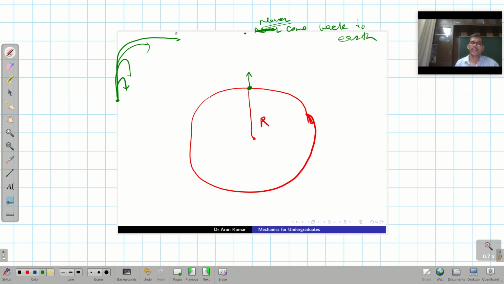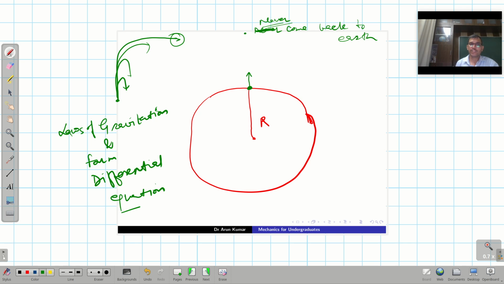So we have to try to find out this velocity using the laws of gravitation, and form a differential equation, and that equation will help me to visualize this concept.